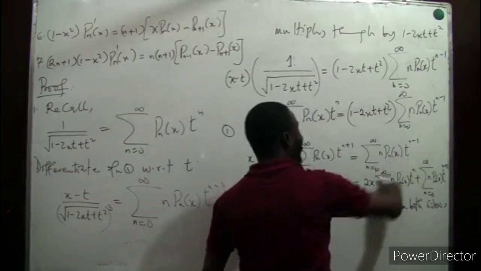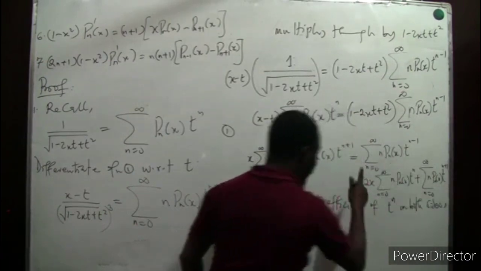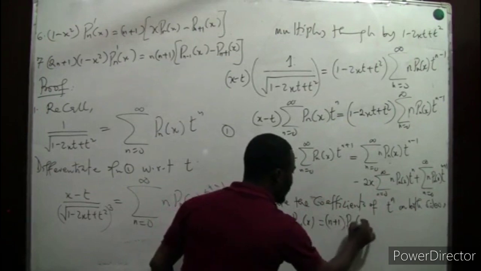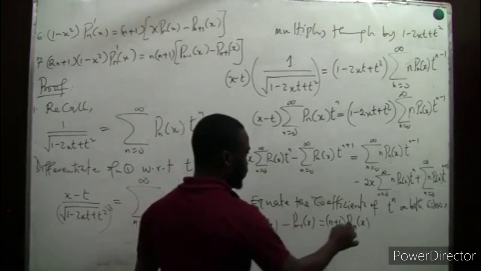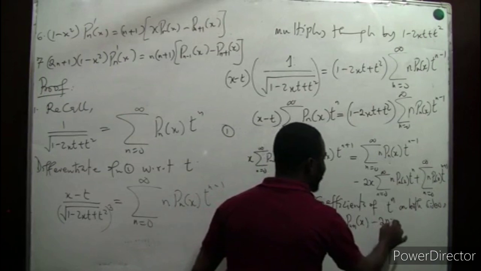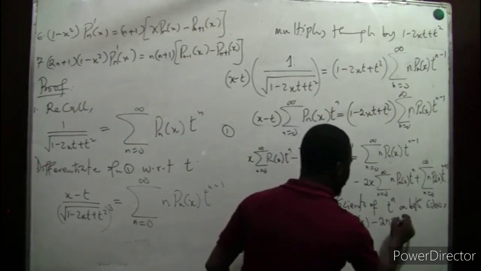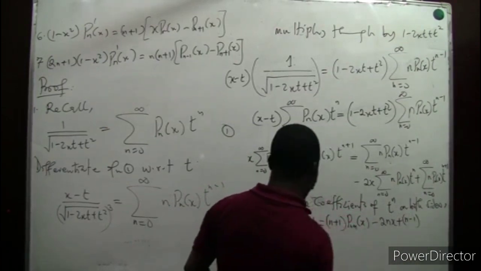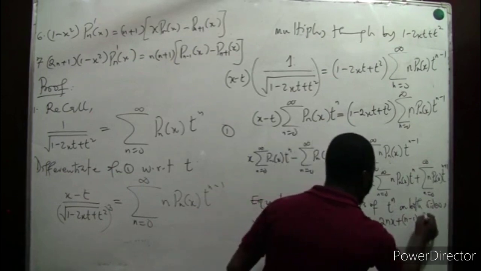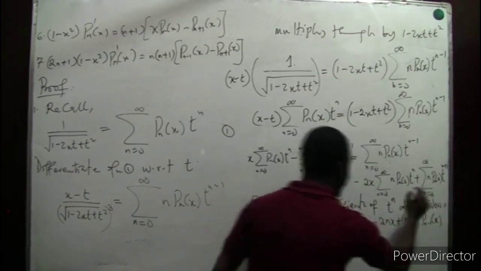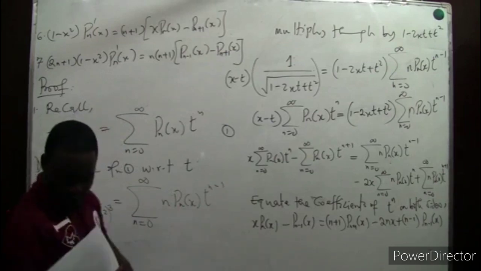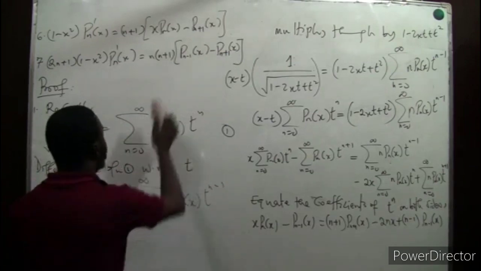The t to the n here is the next term, and the coefficient of the next term will be n plus 1 Pn plus 1 of x, minus 2nx Pn, plus the term just before this one, n minus 1, then we have Pn minus 1 of x. So those are the coefficients of t raised to power n on both sides.